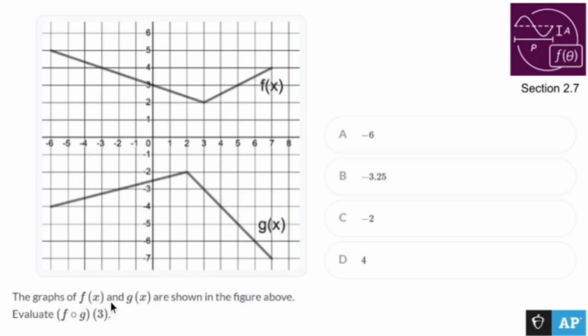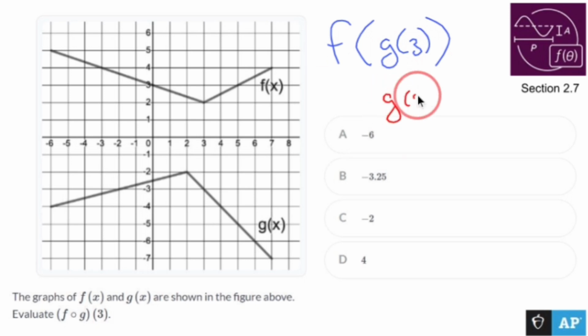The graphs of f of x and g of x are shown in the figure above. Evaluate f of g of 3. So what I'm going to do is find out what g of 3 is, and then once I have a number, I can find f of whatever that is. According to this, g of 3, there's 3.